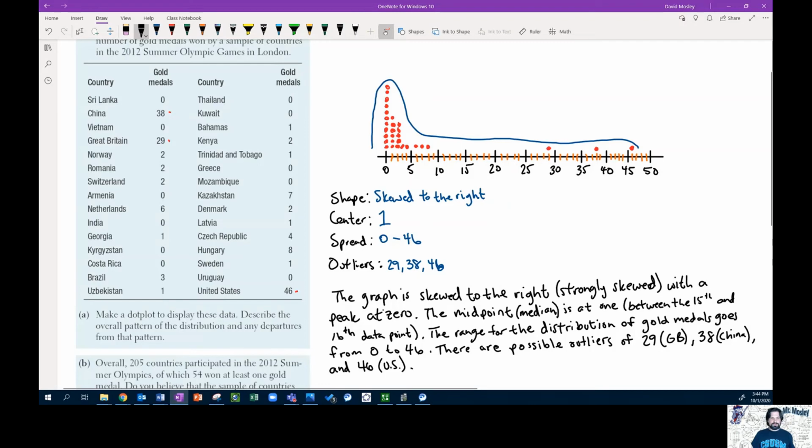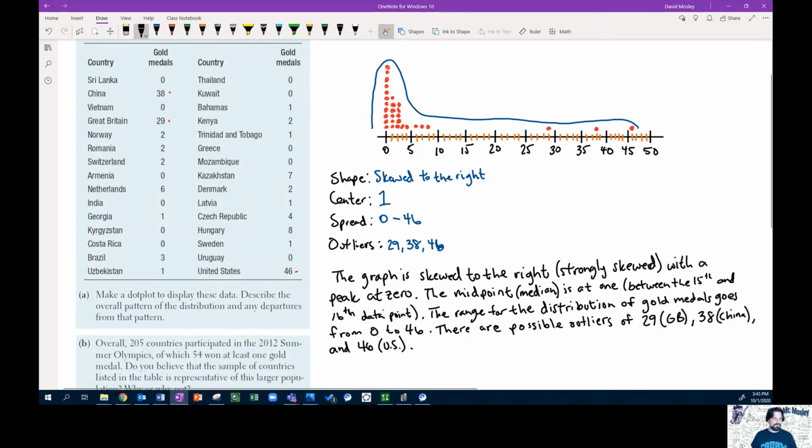The graph is skewed to the right, strongly skewed, with a peak at 0. The midpoint, median, is at 1 between the 15th and 16th data point. The range for the distribution of gold medals goes from 0 to 46. There are possible outliers of 29, Great Britain, 38, China, and 46, the US. There we go. We've described the overall pattern.